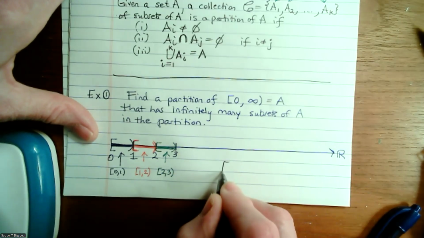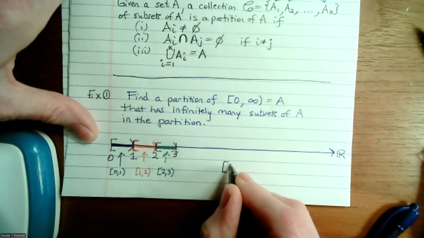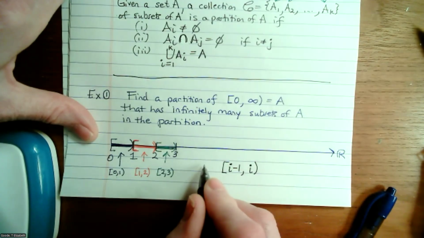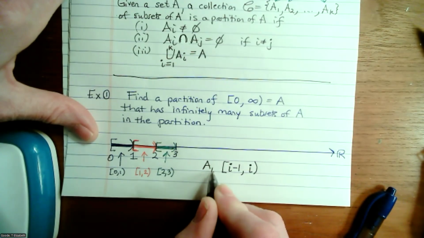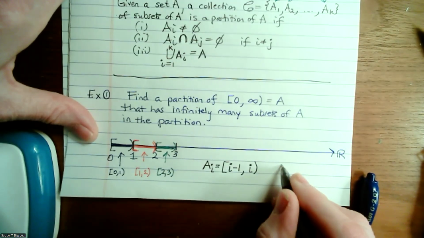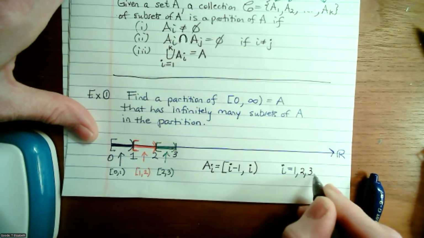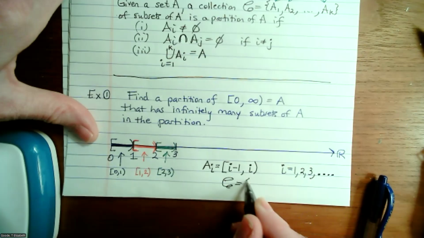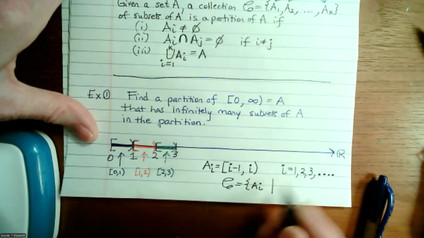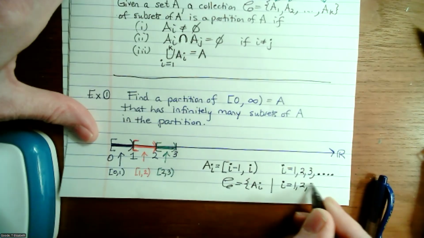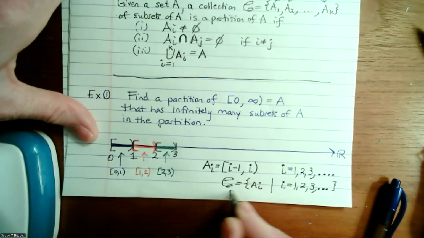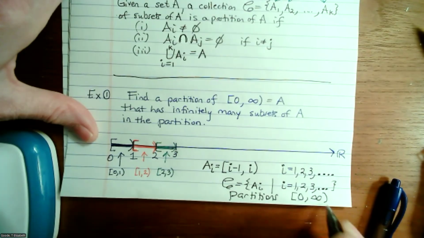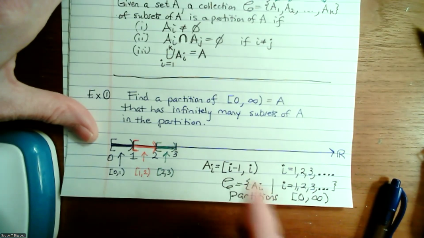But if we define from i minus 1 to i, and call this interval A sub i, and this can be for i equals 1, 2, 3, just keep on going forever, then the collection, which is the set of the A sub i's, does partition the non-negative reals.